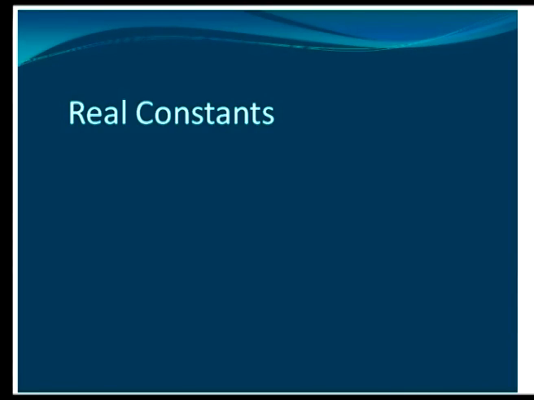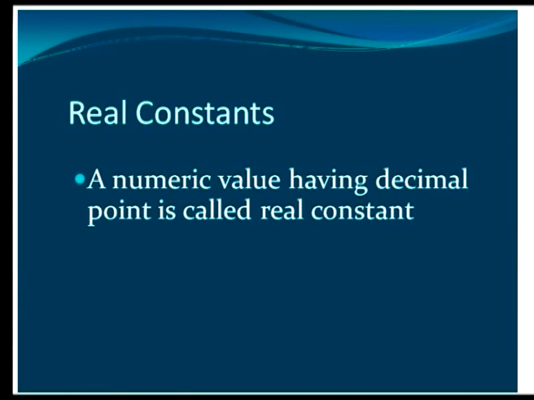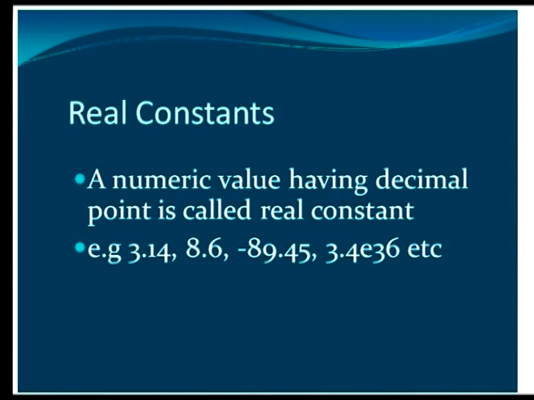What are real constants? They are also numeric constants, but a numeric value having a decimal point is called a real constant. For example, 3.14, 8.6, minus 89.45, 3.45 to the exponent 36, etc. All these are examples of real constants.